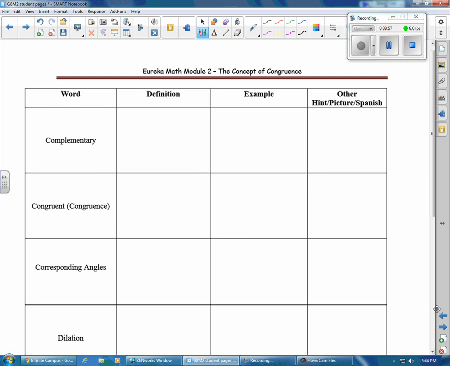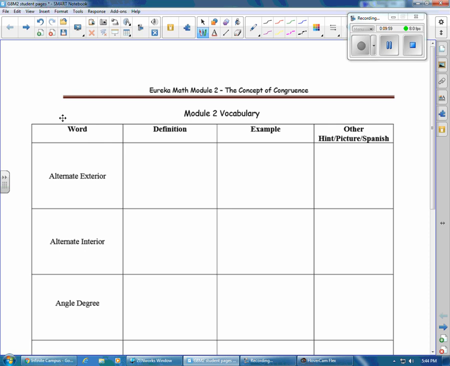Now you notice in the vocabulary section, we have a column that says words, and the words are all given to you, a column that says definition, and I will help you with the definition, and then example. Some of the examples I'm going to give you, others I'm going to ask you to come up with, and then this other column. This one is one that you are solely responsible for.